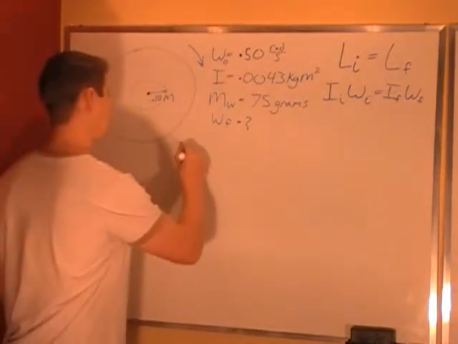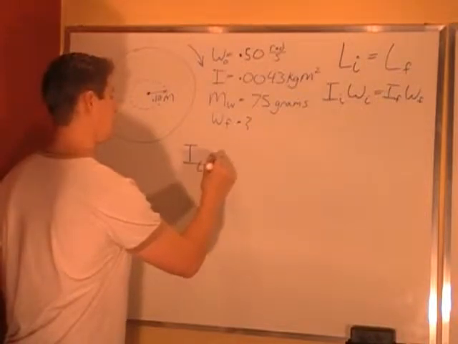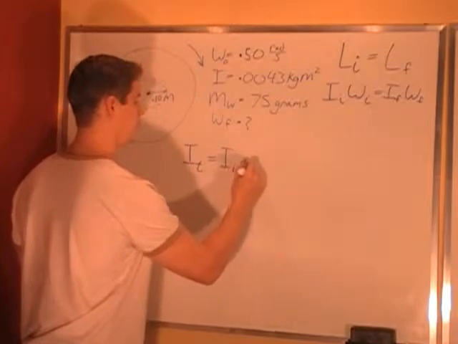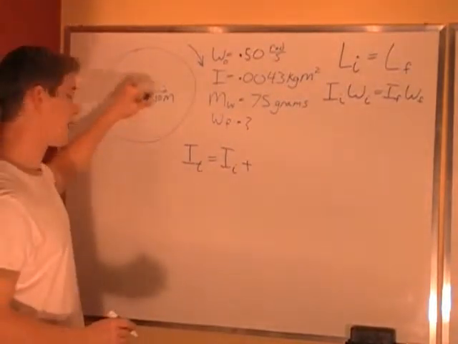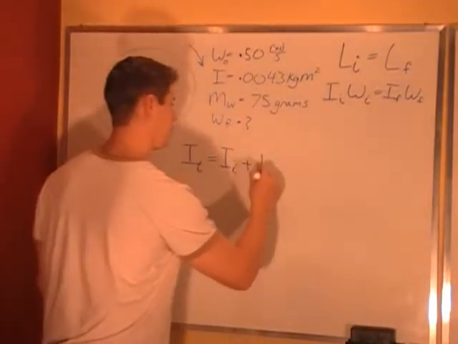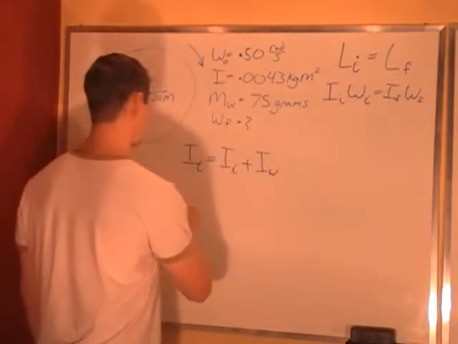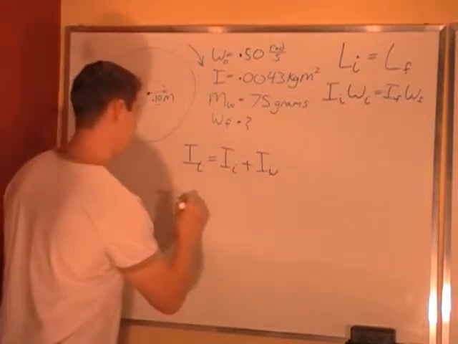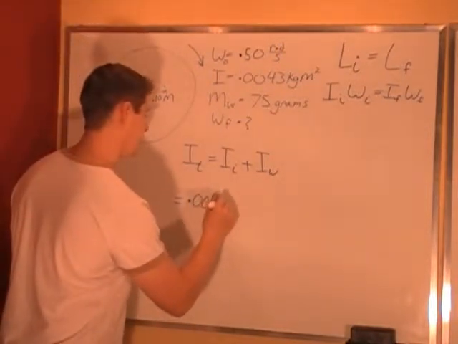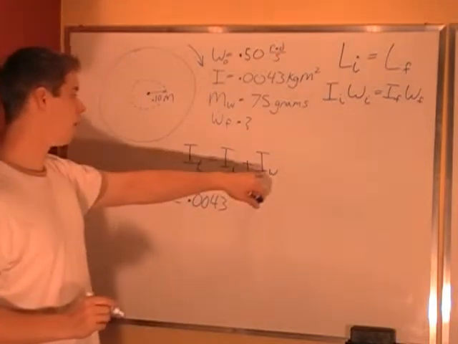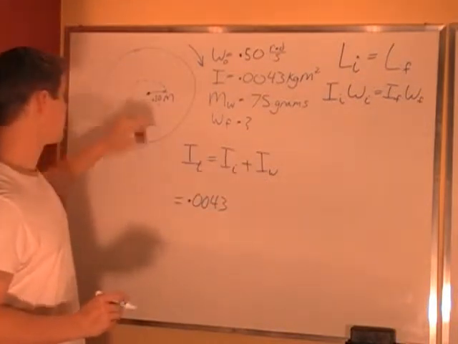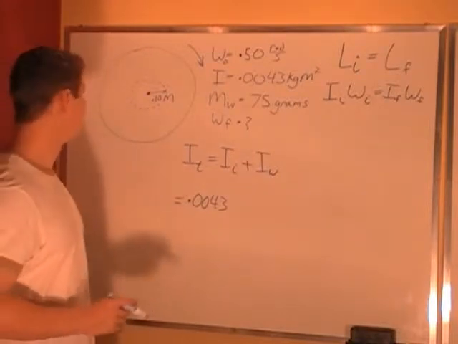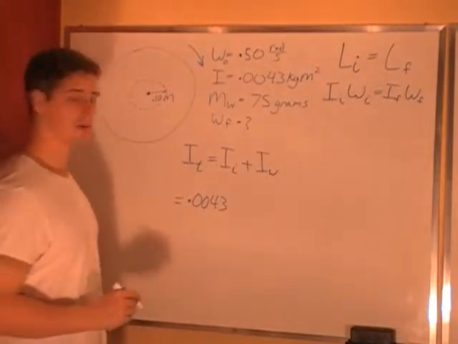So our total moment of inertia is going to be equal to our initial moment of inertia plus the moment of inertia that is added by putting the weight of the water there. Now, the water is just a thin hoop a certain distance away, and for a thin hoop, the moment of inertia is mr squared.